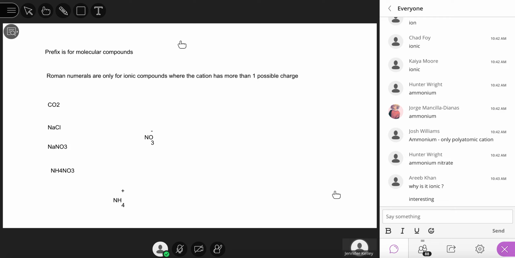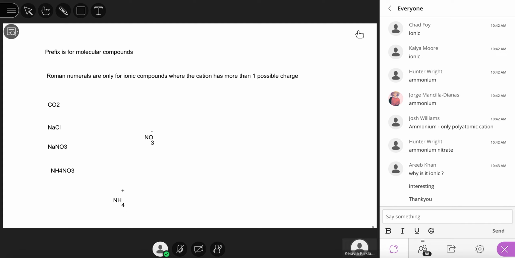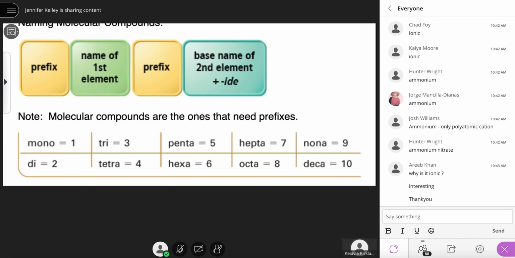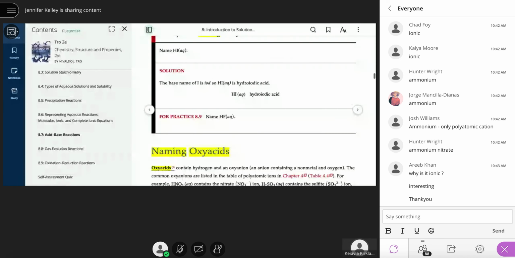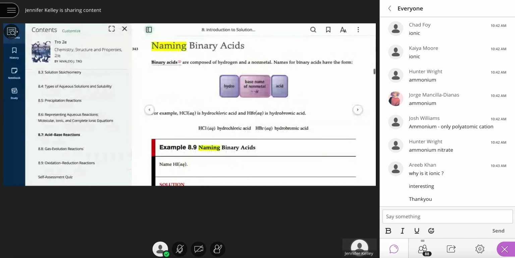All right, let's take a look at naming acids. All right, so let's go up to naming binary acids.